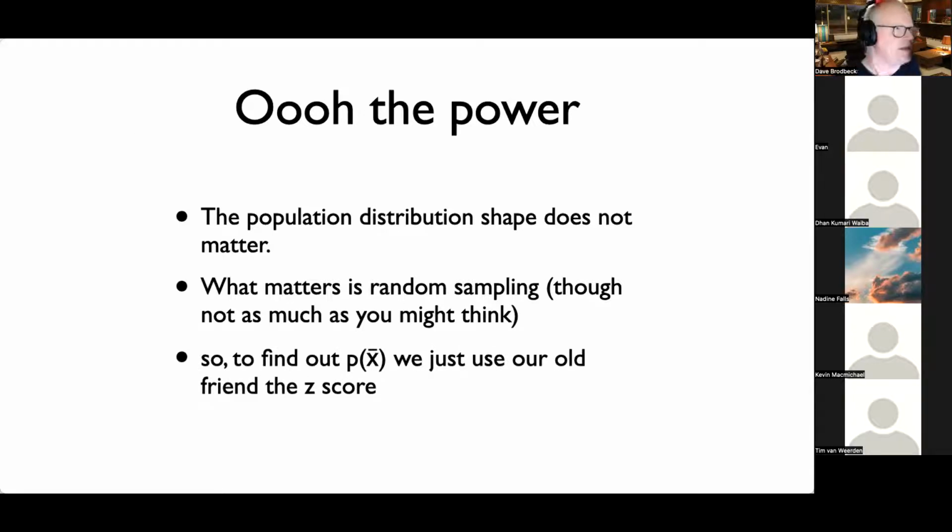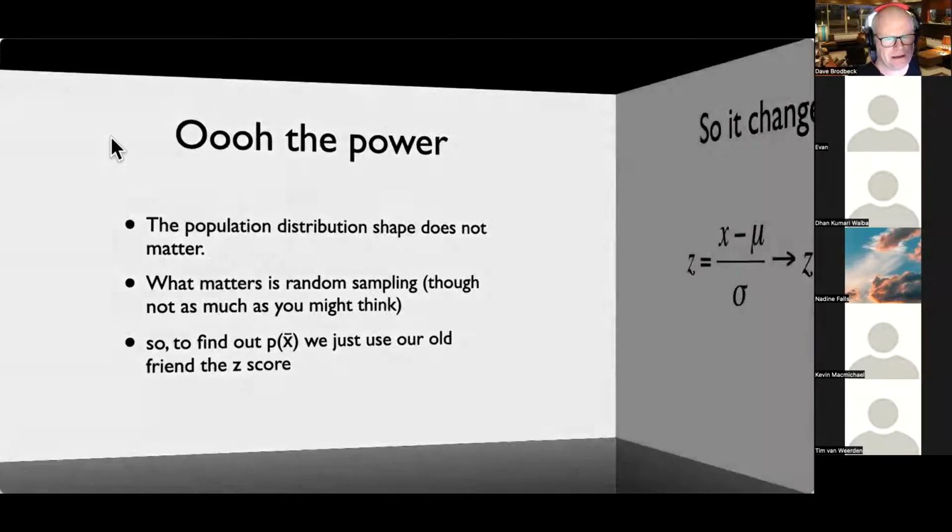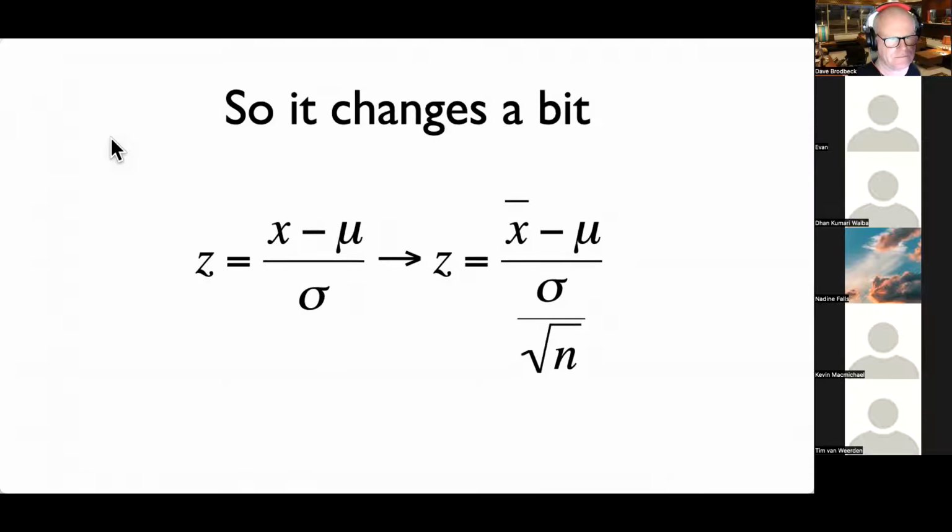So to find out the probability of X bar, the probability of a given mean, we just use our old friend, the Z-score, right? So if we're looking at the likelihood of a mean having a given probability, we are using x minus mu over sigma, but instead we're now interested in a mean. That's x bar. Central limit theorem tells me that this remains the same.